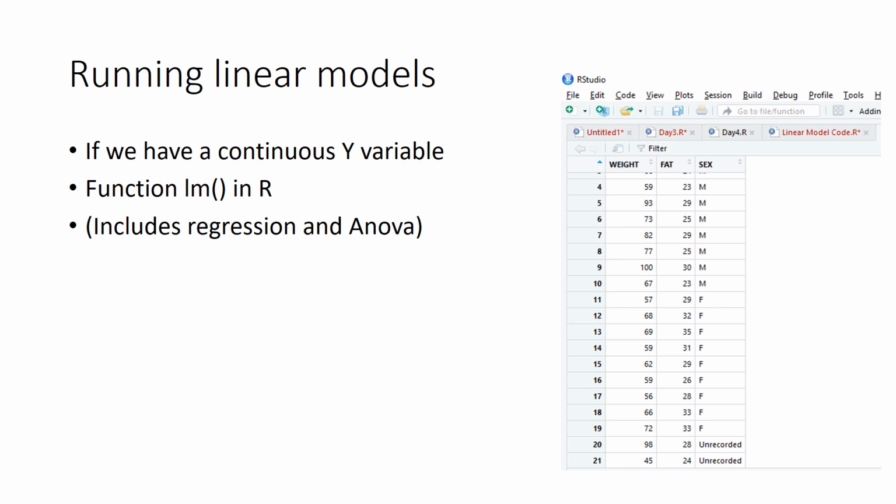And the third variable is sex, which has categorical variables in it. And in this case, we had males, indicated by M, females, indicated by F, and then a few other people for which we didn't specifically record the sex. So we cannot say whether they're male or female, so we have just called them unrecorded.